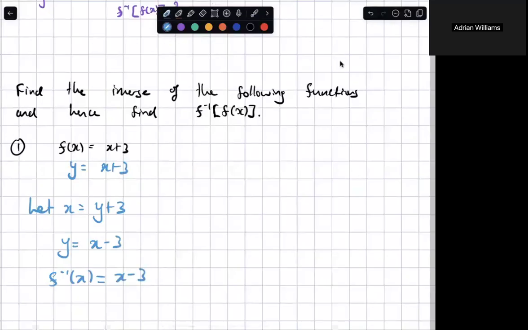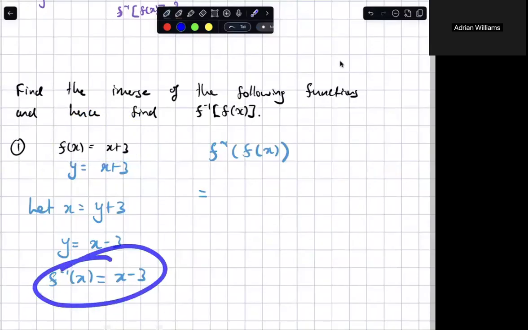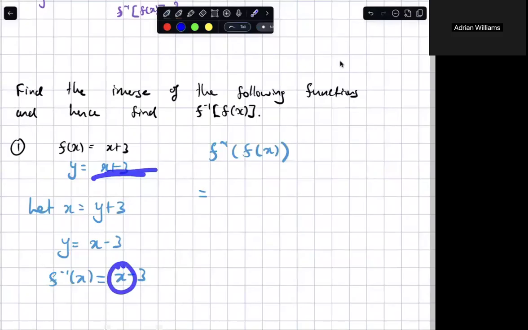Now, I want to go and find the inverse of f of x. So I'm going to do the original function inside of the inverse. So this is going to be my inverse function, and this is going to be my input function. In my inverse function, wherever I see an x, I'm going to replace it with this entire f of x, which is equal to x plus 3.